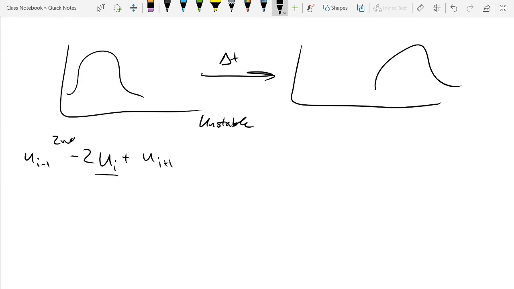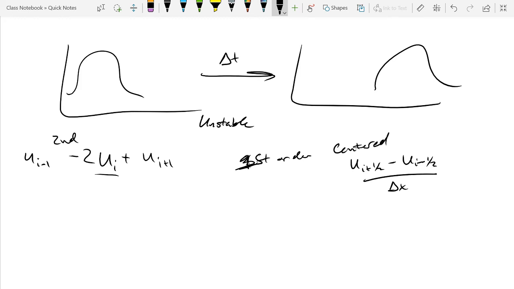So this is second order. The first order discretization that is centered would be u of i plus 1/2 minus u of i minus 1/2 over delta x. This would be the first order centered, where you're actually still centered around the point.